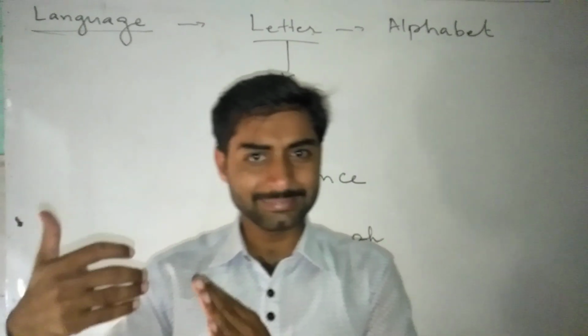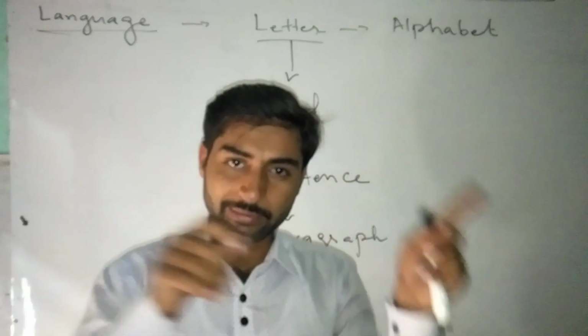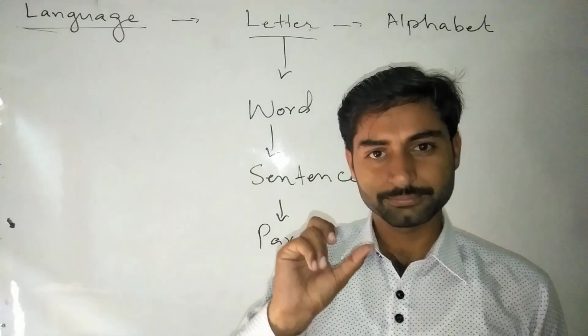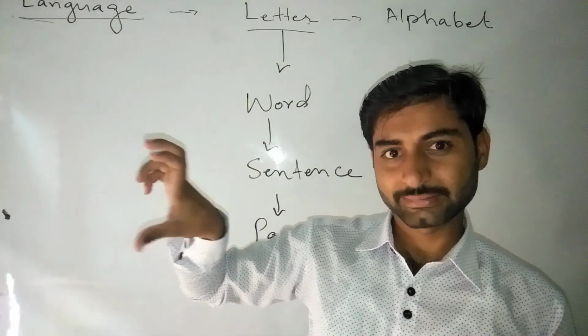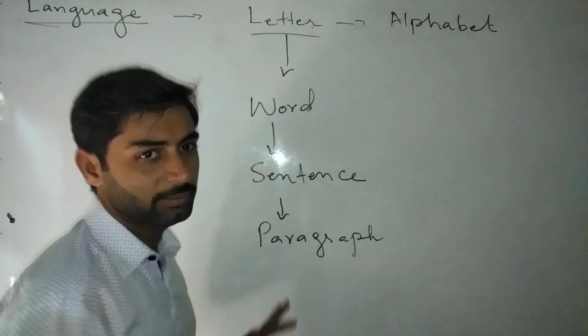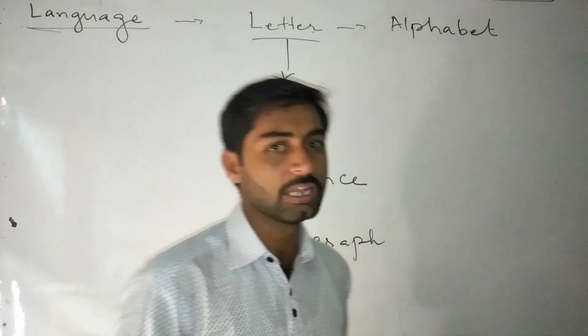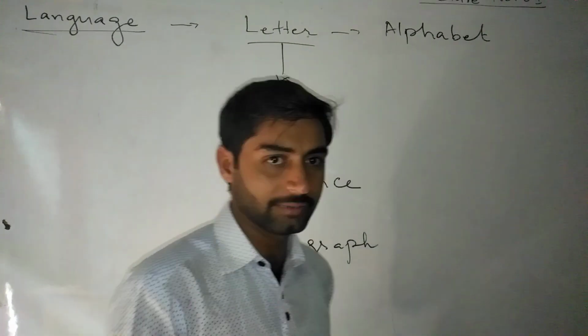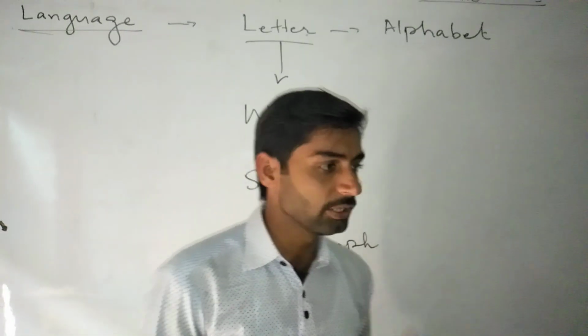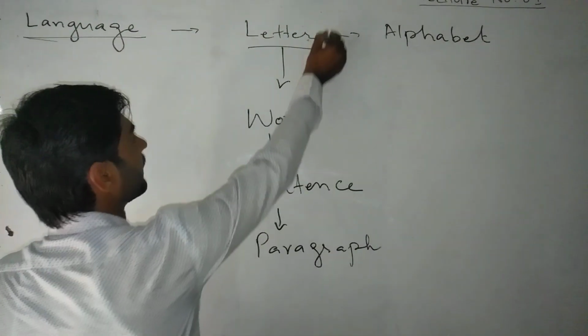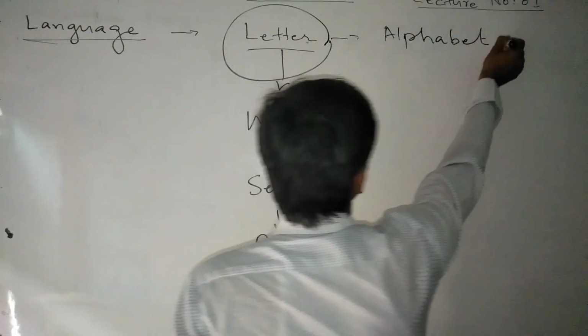As I discussed the difference between letter and alphabet in my previous lecture, I said a letter is a symbol. I am going to draw this today because I have a board available here. In the last lecture we did not have that facility, but we have it today. Letter, alphabet.